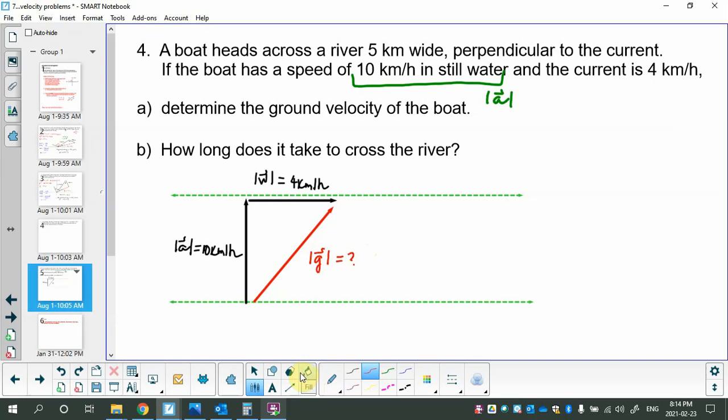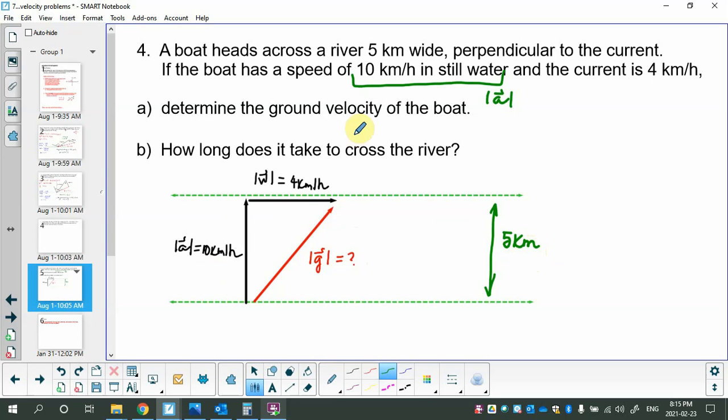And something to keep in mind at some point, and it doesn't match any of the units anywhere in here, is that apparently this river is 5 kilometers wide. So on my picture, I have kilometers an hour, and hopefully kilometers an hour. And over here, I've got kilometers. So this is like a little bit of an anomaly.